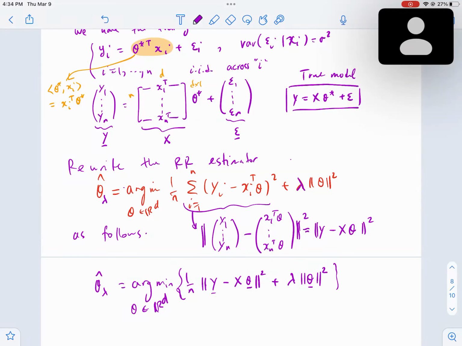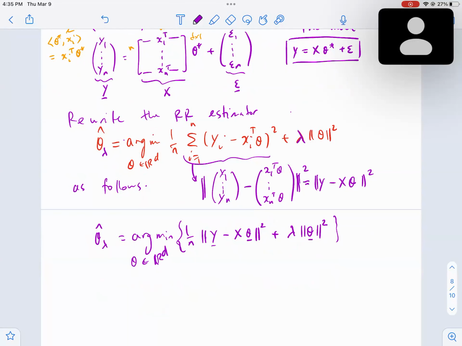Differentiable. It's actually convex, and it's going to be strongly convex because of this term. So it's going to have a unique minimum if lambda is bigger than 0. It's really nice. There's just one global minimum. You just have to tell me what it is. How do we do this? The closed form solution.